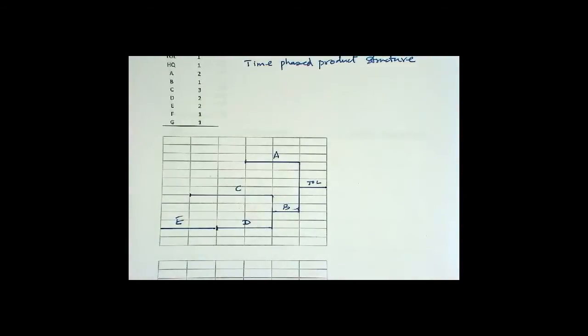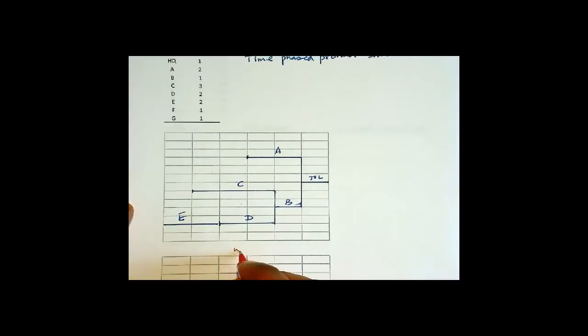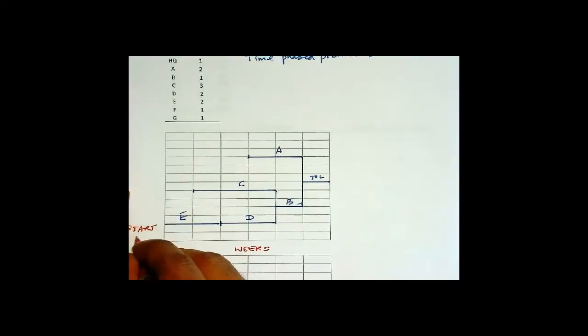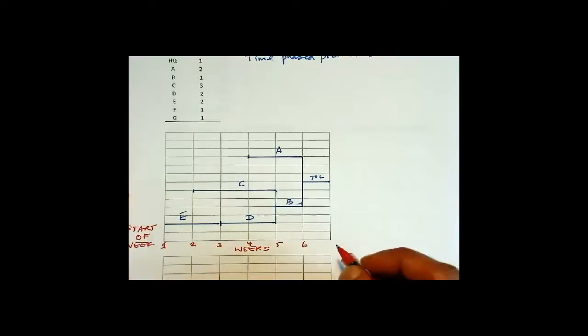So now we have to determine the lead time. So this is weeks, and we have start of, and this is important, start of week 1, start of week 2, 3, 4, 5 and 6. Okay, don't put the 7 here, because sometimes students get confused and they use 7 as the lead time.